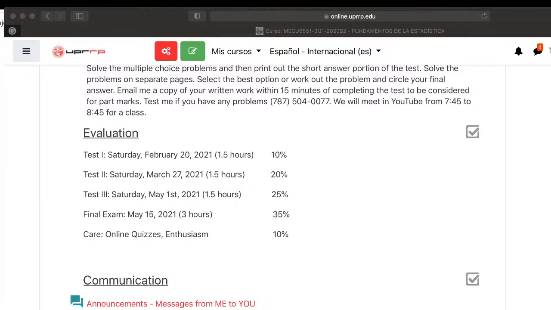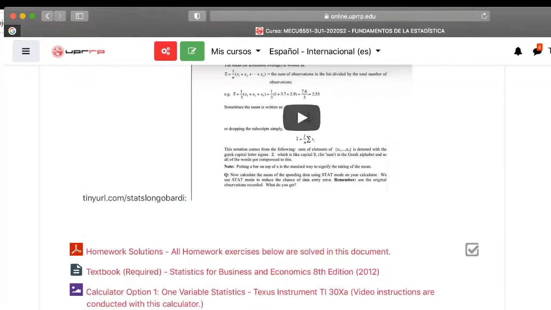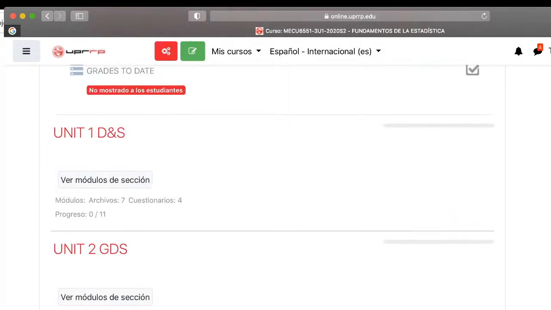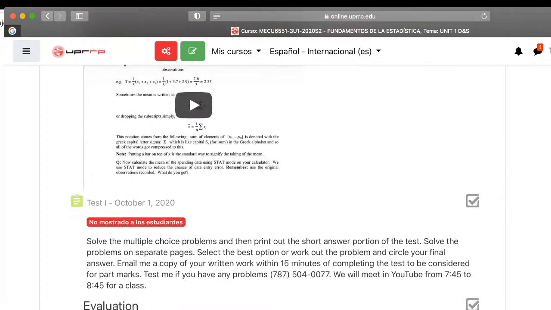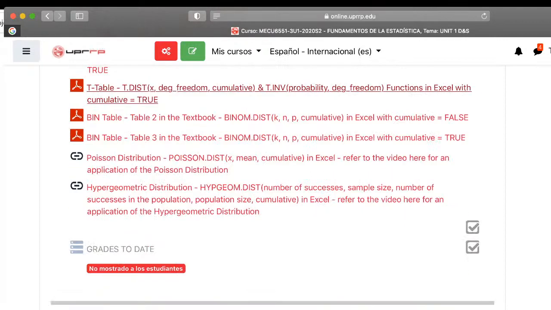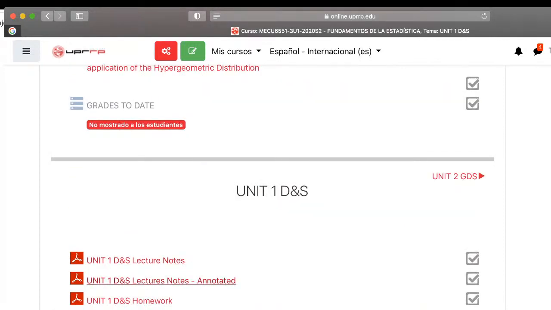Everyone knows where to get this, so you'll find this in the platform. I'm going to work with the annotated.